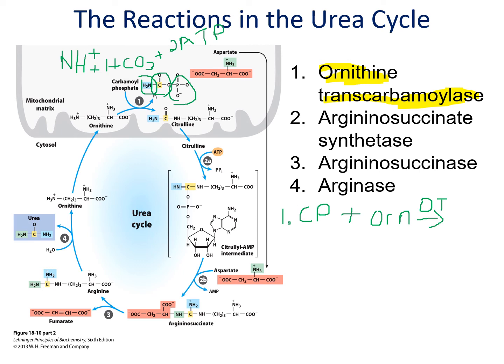This is not a standard abbreviation, so you shouldn't use it as one. You get citrulline. You don't need to know the structure of this citrulline. Just know that when you smush together your ornithine with your carbamyl phosphate, you get citrulline. And we notice that the citrulline does not have phosphate in it, so we're going to lose our phosphate.